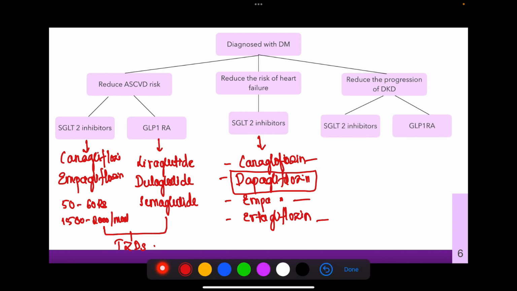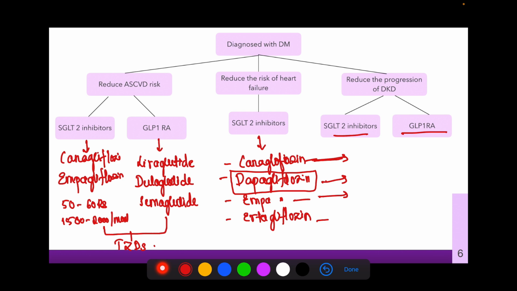Third, if you want to reduce the progression of diabetic kidney disease, even then you can use two classes of drugs. These same drugs, SGLT2 inhibitors and GLP-1 receptor agonists. SGLT2 inhibitors, you can use these three: canagliflozin, dapagliflozin and empagliflozin. Ertugliflozin is not useful in preventing the progression of diabetic kidney disease.